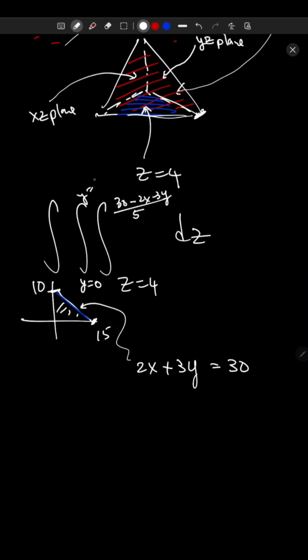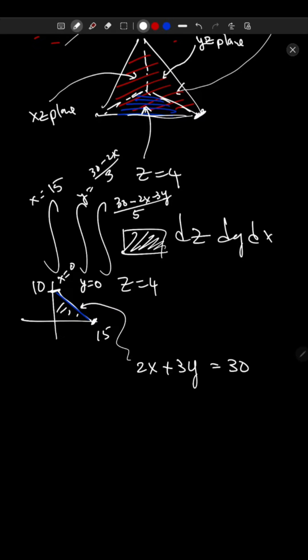So this would be y equals 0 to the line, so y equals (30 minus 2x) over 3. And then x equals 0 to 15. And then this would be dz, dy, dx, and then whatever function we're integrating.